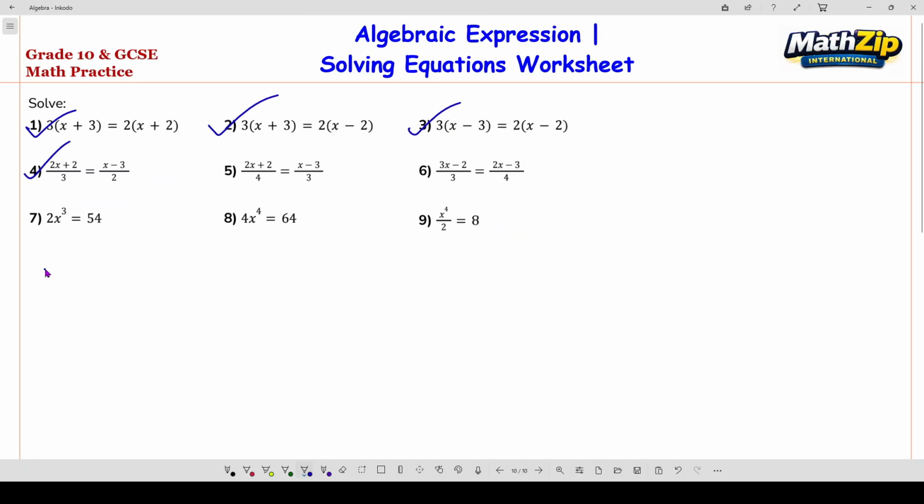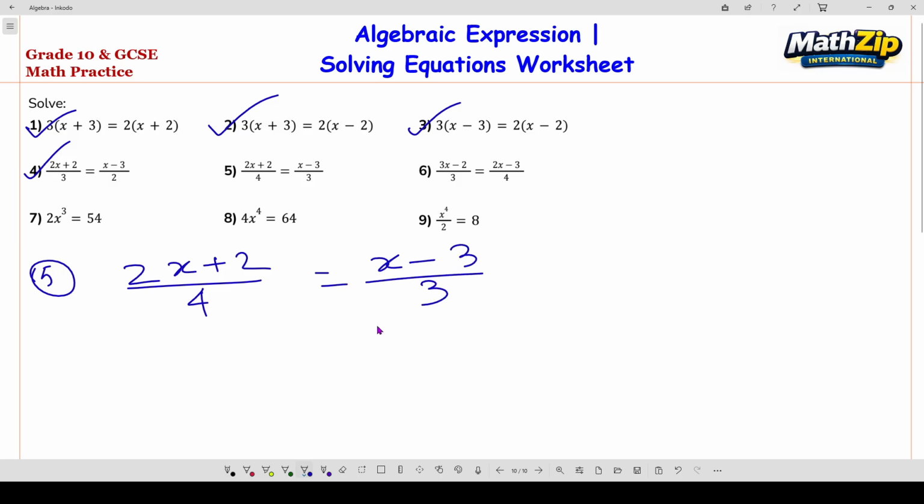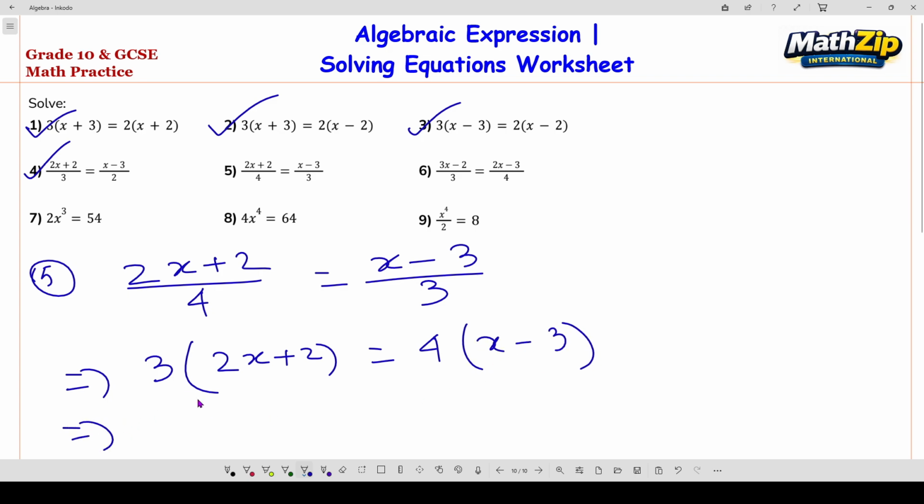Number 5, (2x plus 2) divided by 4 equals (x minus 3) divided by 3. So cross multiplication, you can write 3 times (2x plus 2) equals 4 times (x minus 3). Then it will be 6x plus 6 equals 4x minus 12.